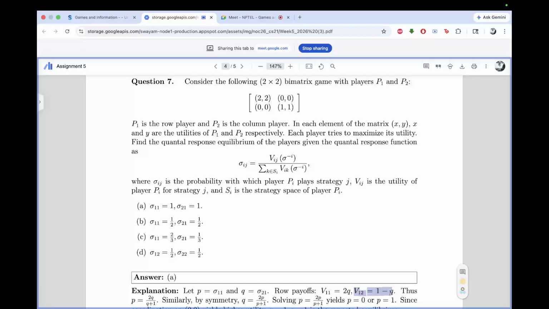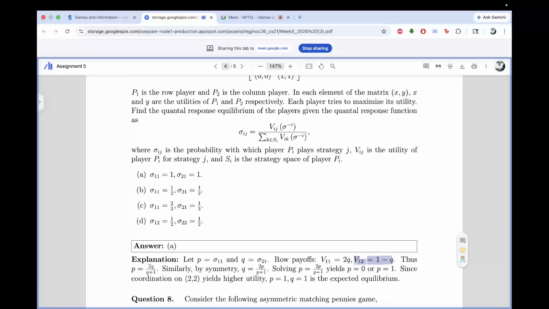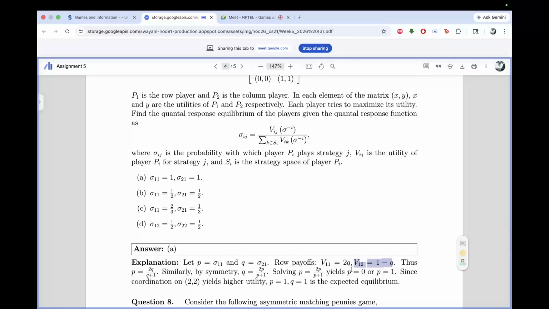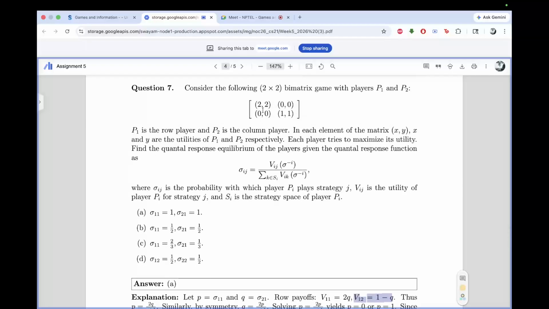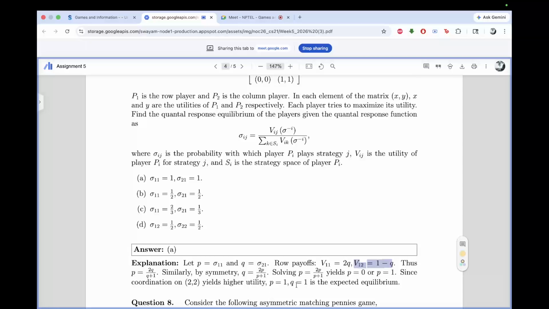And similarly you can calculate for the other ones. By simplifying, you will see that p and q have a relation between each other, and if you solve for both of them simultaneously, that will give you that p has to be either 0 or 1. And because 2 2 is a higher utility, that's the one that will get chosen, and hence p and q end up being 1 comma 1, or rather it's the first answer that's true.